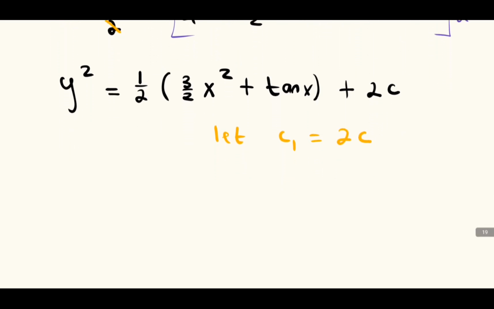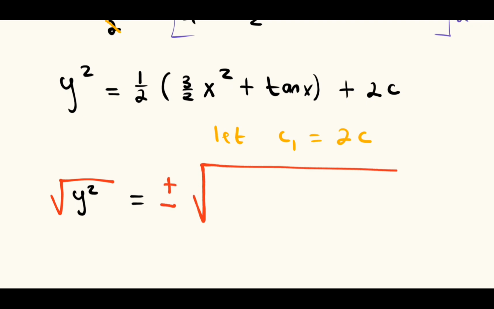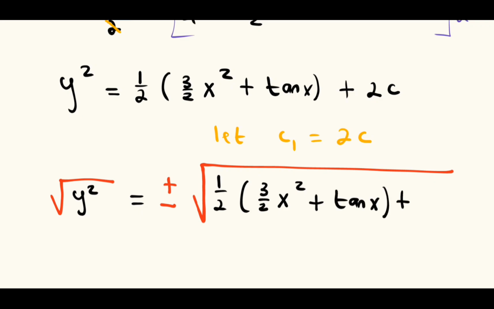From here, we have to introduce the square root on both sides of our equation. And when we introduce the square root on the right hand side, we have to introduce plus or minus as well. So we have the square root of 1 over 2 into 3 over 2 x squared plus tan x. And we said that we let c1 equal 2c.